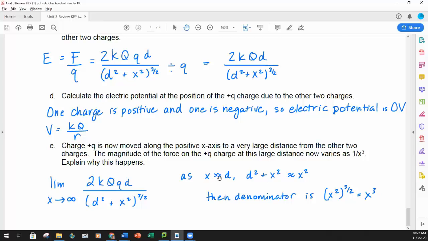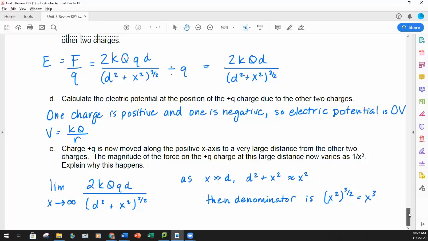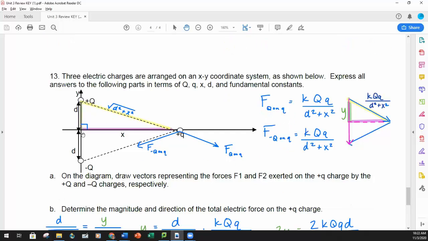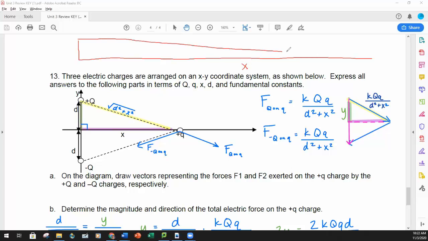As x gets much bigger, d squared plus x squared is about equal to x squared. What do I mean by that? If I look at this triangle here, they're saying as we get farther and farther and farther out with x, I'm not drawing perfectly straight lines, but hopefully you get the idea.